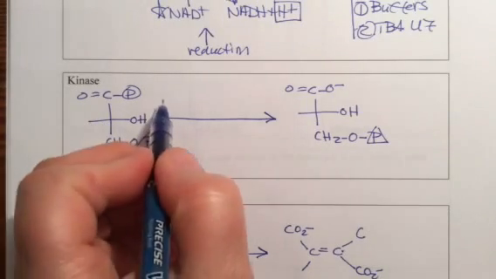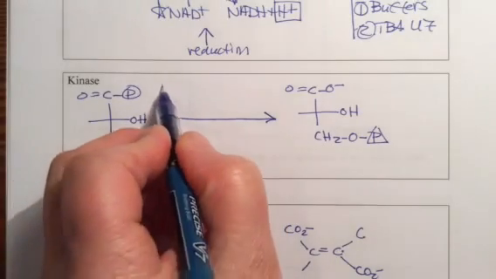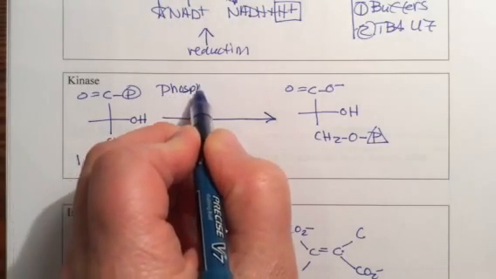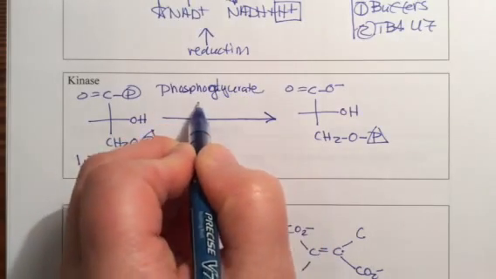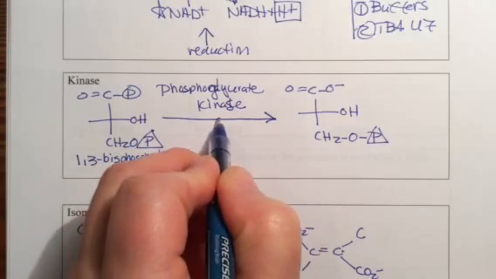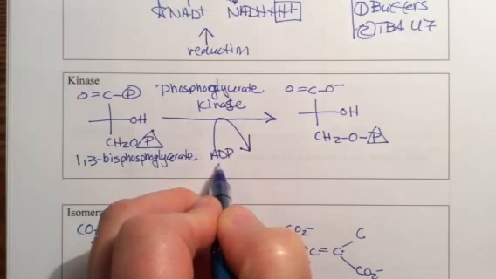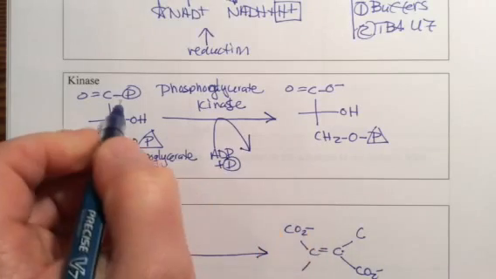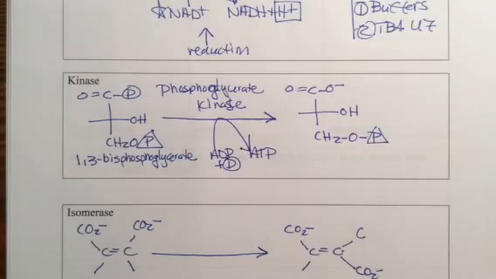So my enzyme here that I'm going to need is going to be called phosphoglycerate kinase. And I'm going to have to couple that to ADP plus the phosphate that comes from here, and I'm going to make ATP.